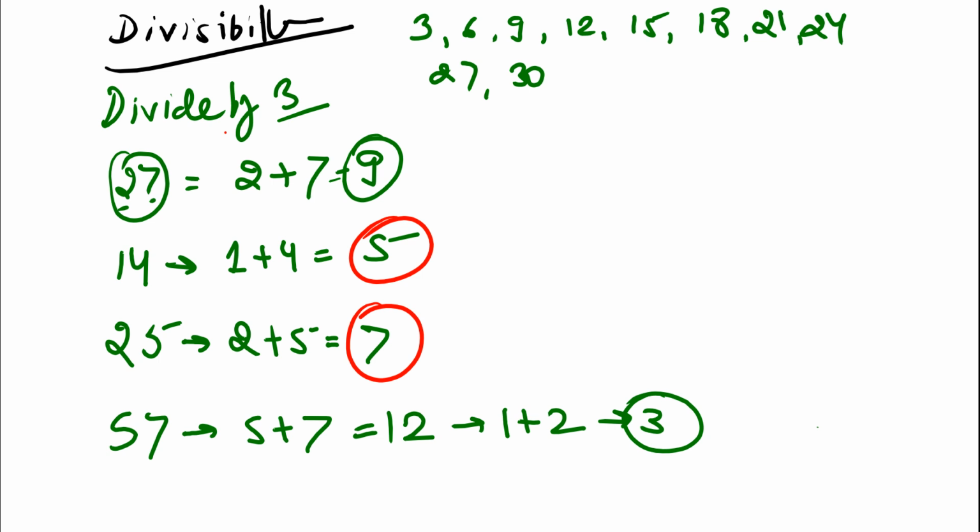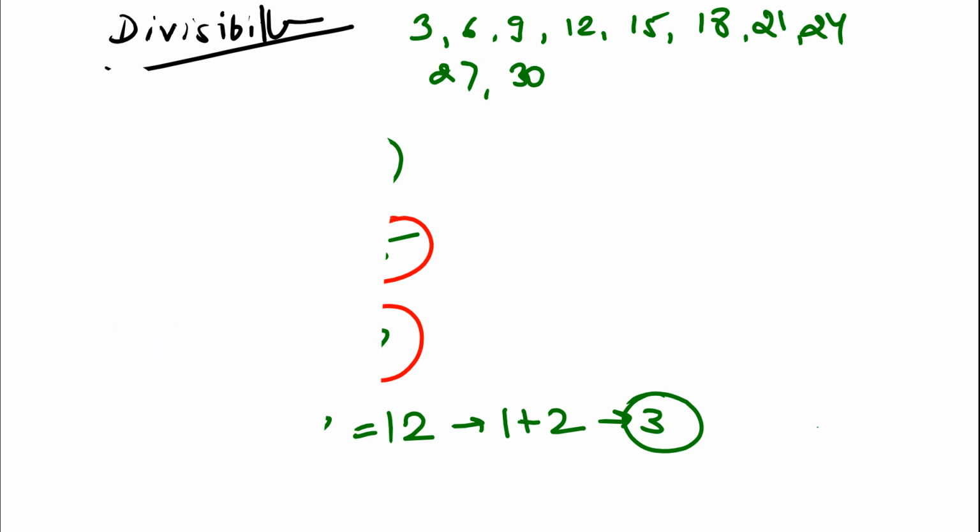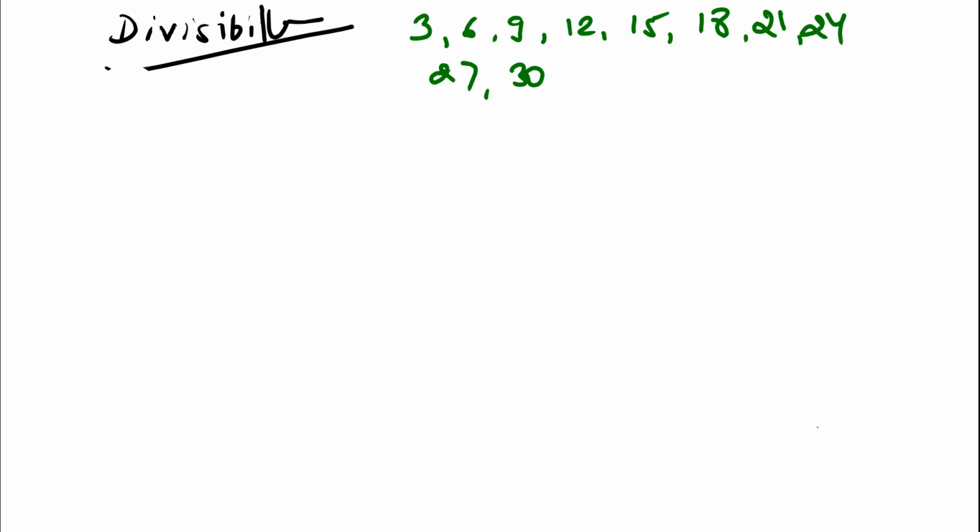Pretty easy. So 57 is divisible by 3. So let's put a green circle on those numbers which are divisible by 3. If you are having any difficulty, you can put it in the comments. I can further elaborate in my next video.